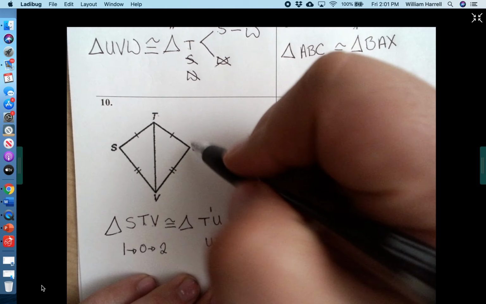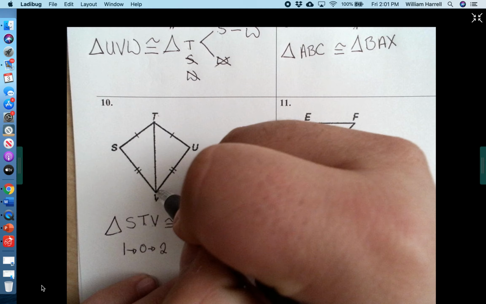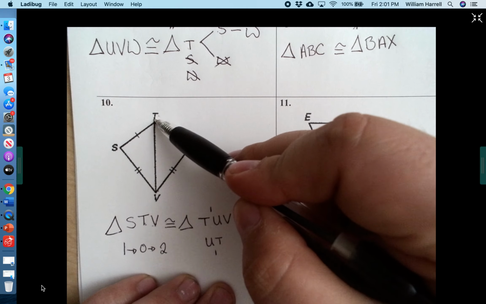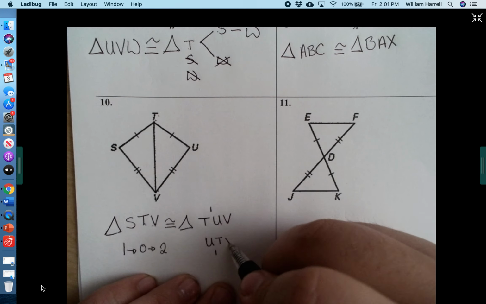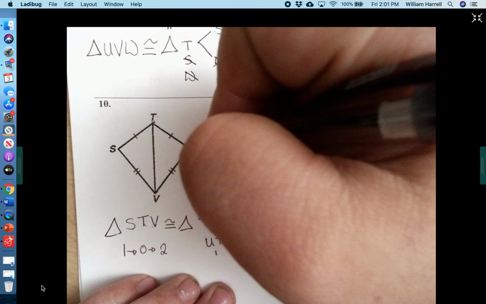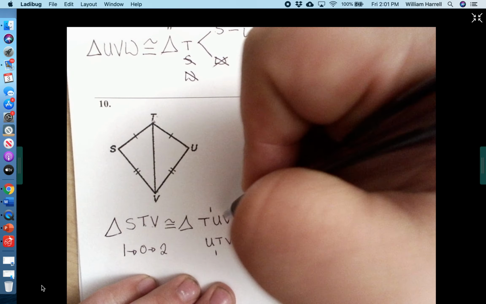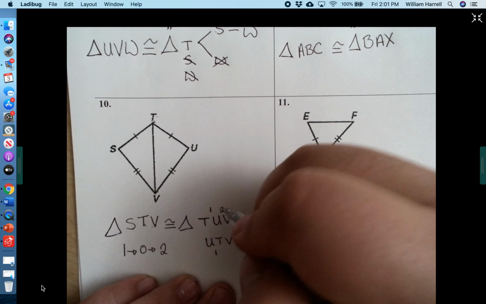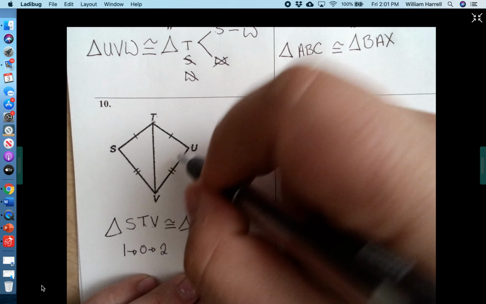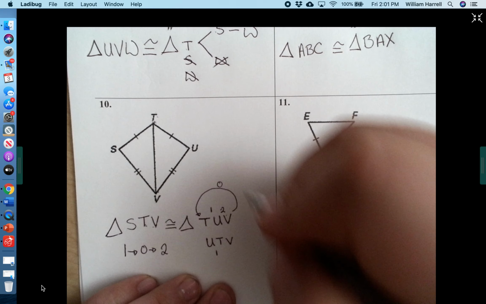Now, if I go with T to U, my only letter left is V, and if I start with U to T, then my only letter left still is V. T to U was 1, U to V was 2, and then V all the way back to T would have been 0.